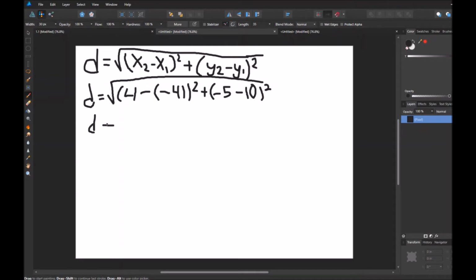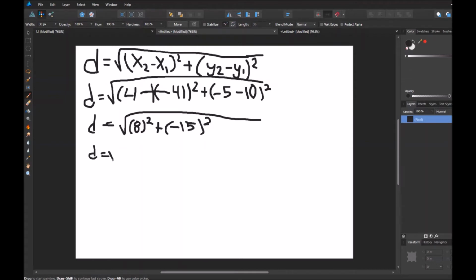So 4 minus a -4 is the same thing as 4 plus 4. So this is going to be 8 squared. And then -5 minus 10 is the same thing as -15. So this is going to be -15 squared.